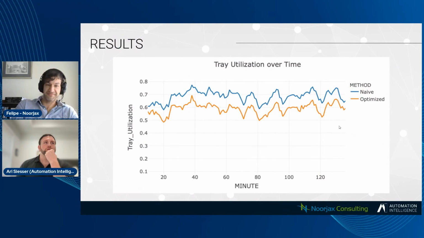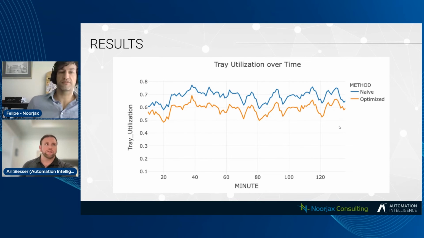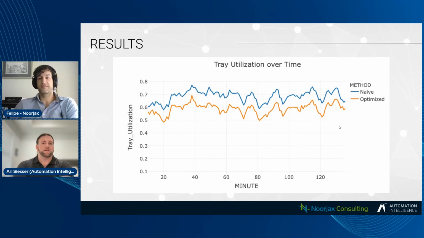Yeah, absolutely. So for the results, I thought it would be interesting to show what happens when the system is not exactly at capacity. And so here you can see for the optimized algorithm, we consistently have a lower tray utilization. So what is tray utilization?